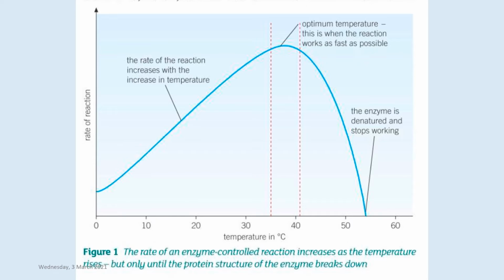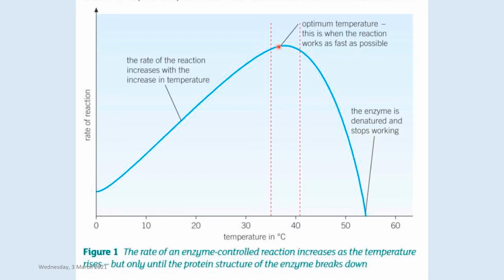So here is an example of an enzyme and its optimal temperature. You can see it rises as the temperature increases, and it keeps rising until this point here. This is probably around 35 degrees Celsius, and between 35 and about 38, that's the optimal temperature where the reaction works as fast as possible.